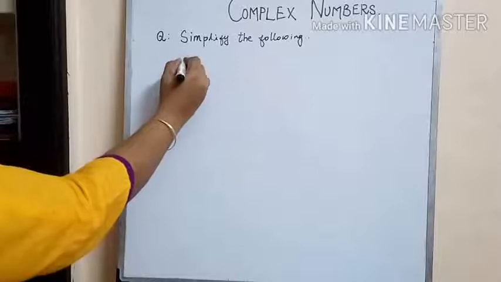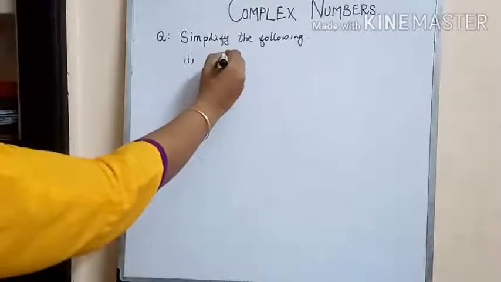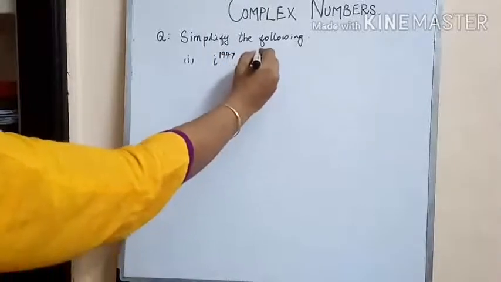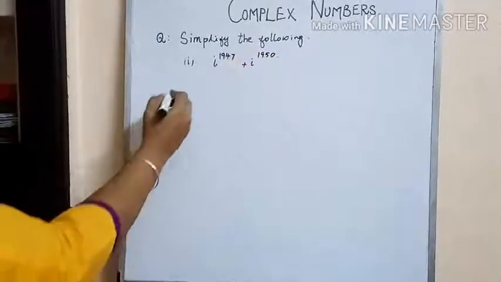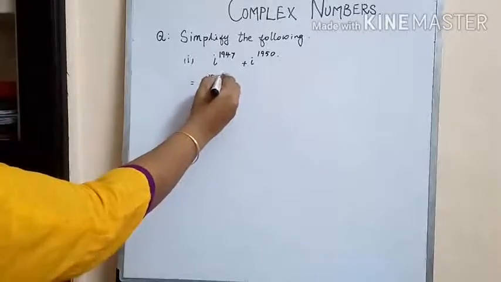Here we have a question: i to the power of 1947 plus i to the power of 1950, which can be written using multiples of 4.